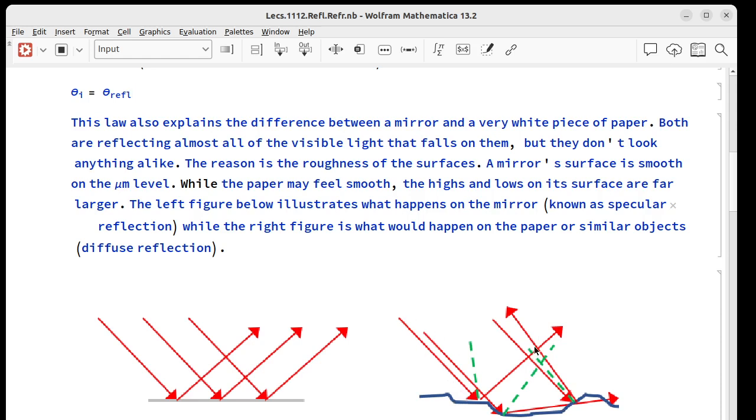And every time the light hits, we still have incoming angle and reflected angle being equal. But since the normals are all over the place, this means three incoming parallel lines go out at all sorts of different angles. So on the left, the mirror, this is called specular reflection. And on the right, we call that diffuse reflection because the light is diffused in a variety of directions.